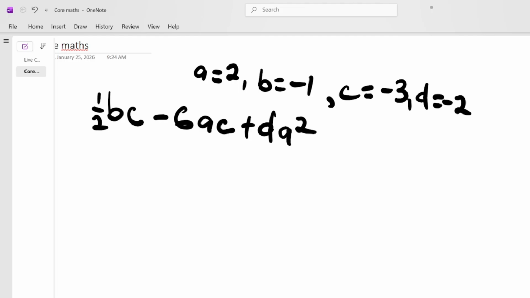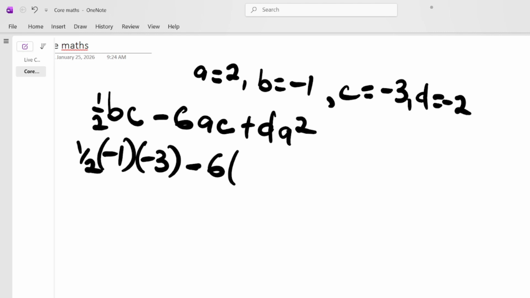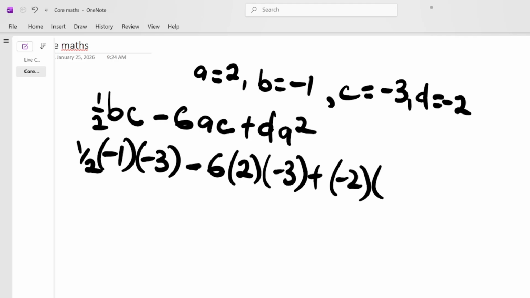So it's going to be half, B is -1, C is -3. You see, I'm just substituting values, and because of the brackets it's easy for me. I don't have to worry about negatives, because they're in brackets. I'm able to manage all. This minus is outside already. Minus 6 bracket A is 2, C is bracket -3, plus D is -2 bracket A squared, so that will be 2 squared.